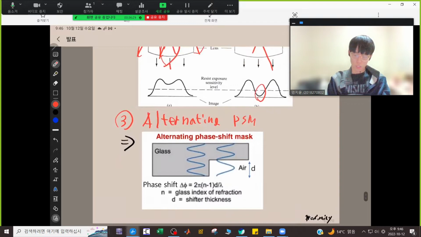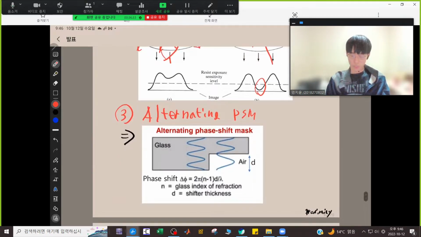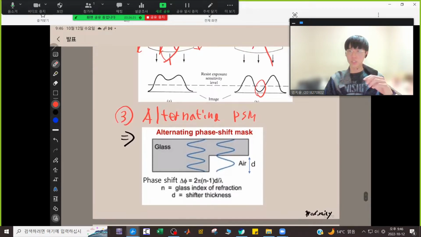The next method is the alternating phase shift mask. This one decreases the glass thickness. This decreasing can cause a phase shift of 180 degrees.